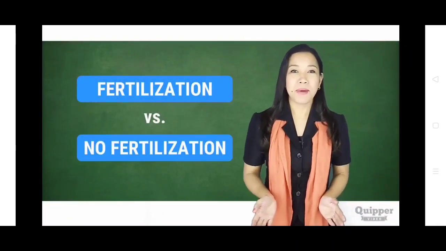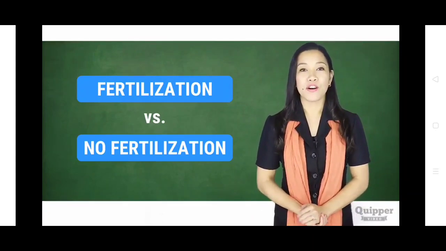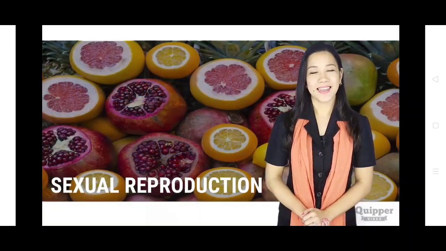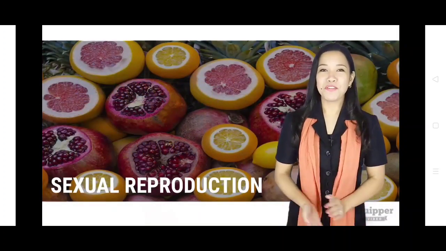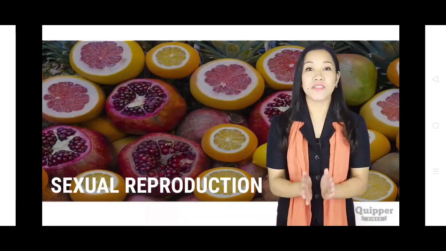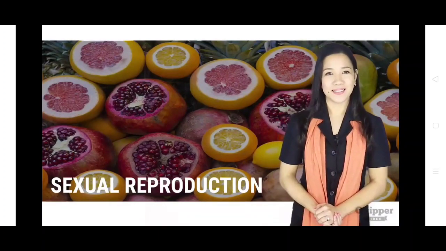Their main difference depends on whether the plants require fusion of gametes or fertilization to reproduce. In this chapter, we will focus on the type of reproduction which requires fusion of gametes, and that is sexual reproduction.